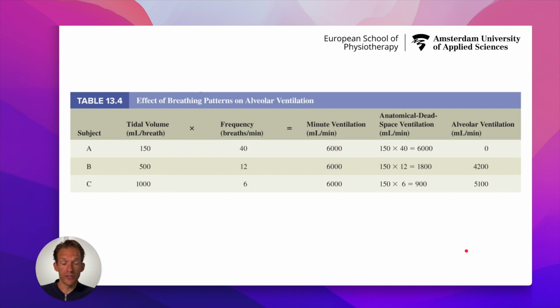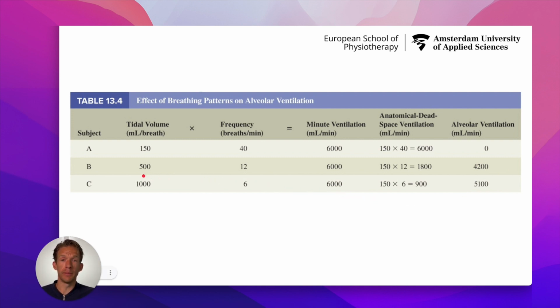Now in this table, you can see an even more extreme situation where, first again, we can start with subject C that has the same values as you saw in the previous video, where with a high volume but a low frequency, you can end up with 6 liters per minute as minute ventilation, and that then results in 5.1 liters per minute of alveolar ventilation.